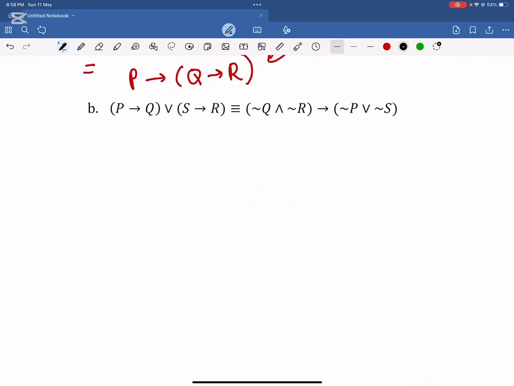Part B. P implies Q or S implies R. Okay.